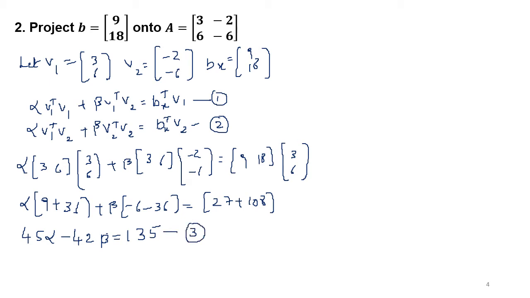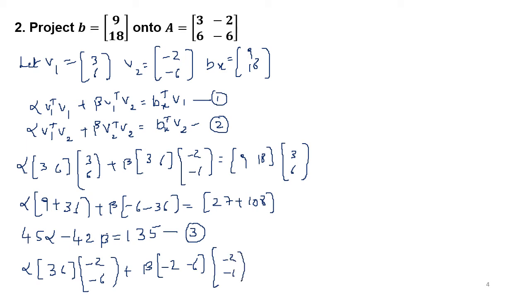Similarly, we'll try to solve equation number 2. Alpha into v1 transpose, which is (3, 6), into v2, which is (-2, -6), plus beta into v2 transpose (-2, -6) into v2 (-2, -6), is equal to (9, 18) into v2, which is (-2, -6).